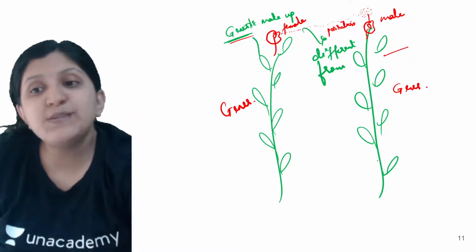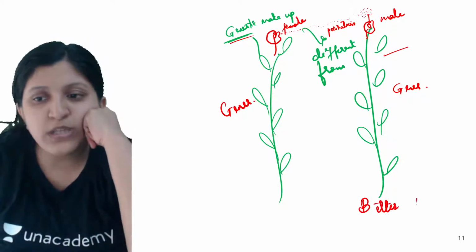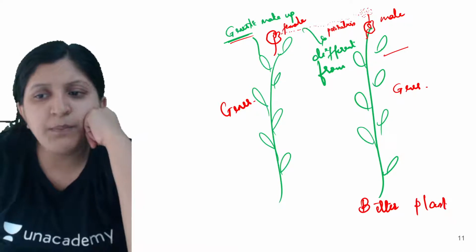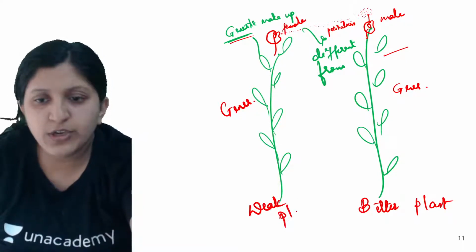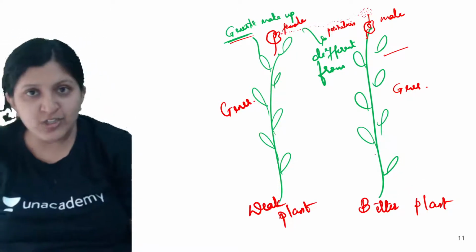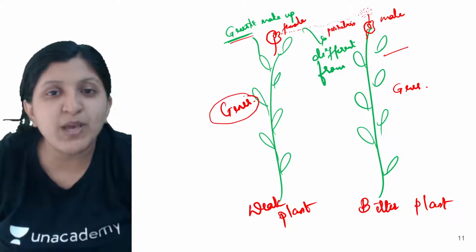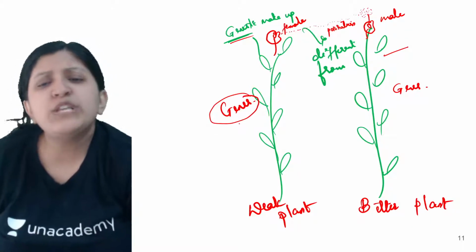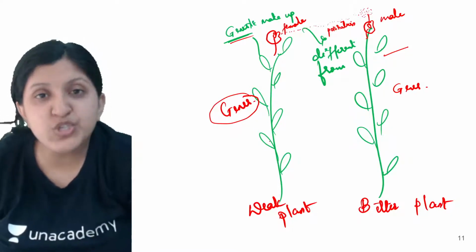Let's say this plant is a better plant compared to the other one, and the other plant is a weak plant. As the pollination occurs, there is a combination of genetic makeup. These genes might be expressing on a weaker side, so this plant might not be that strong.